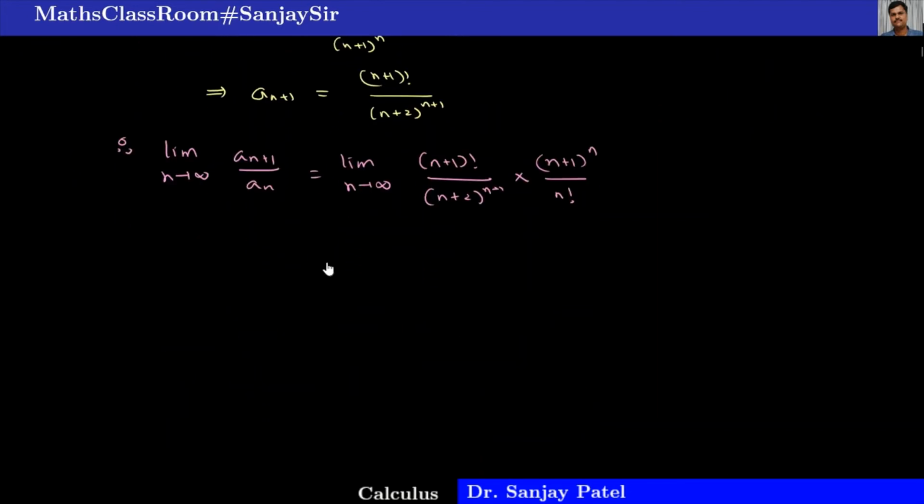So this is equal to, now we just check this. This is (n+1) factorial and this is n factorial. So this will be cancelled and you will get only n plus 1. So limit n tends to infinity, (n+1) into (n+1) raised to n as it is.